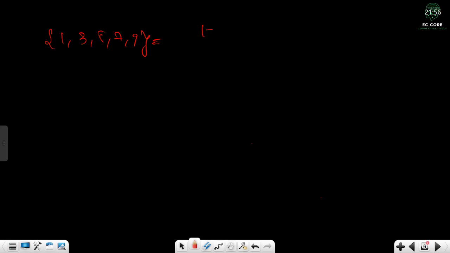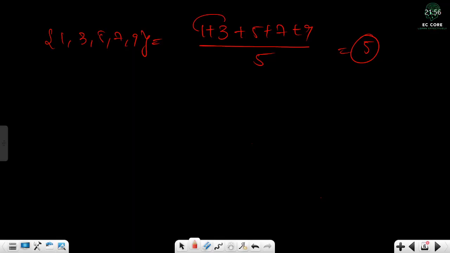Then my average will be 1 plus 3 plus 5 plus 7 plus 9 by 5. Solving this, 25 by 5, that is equal to 5. Similarly, let us take 1, 3, 5.